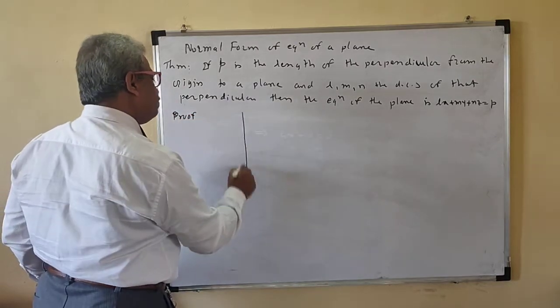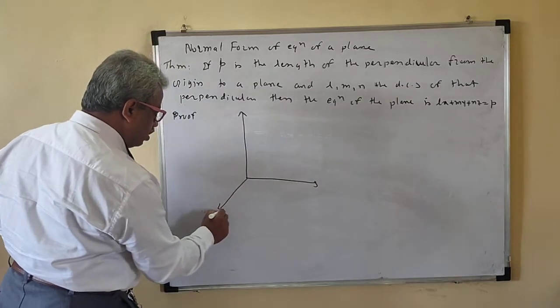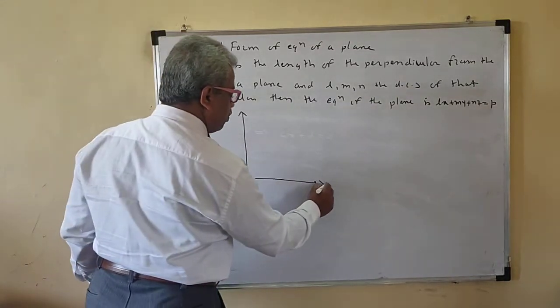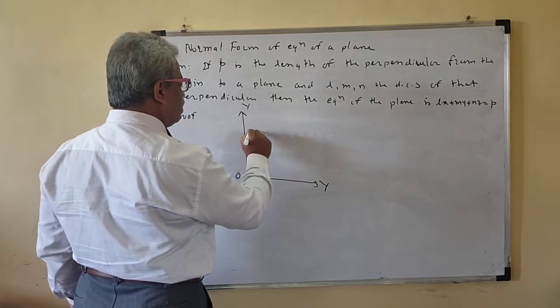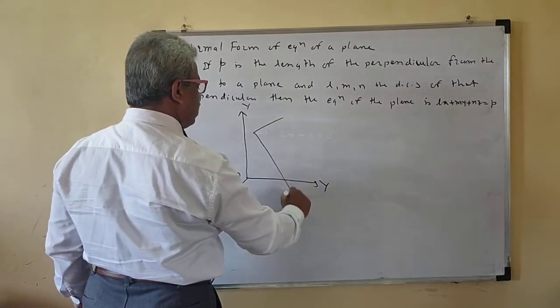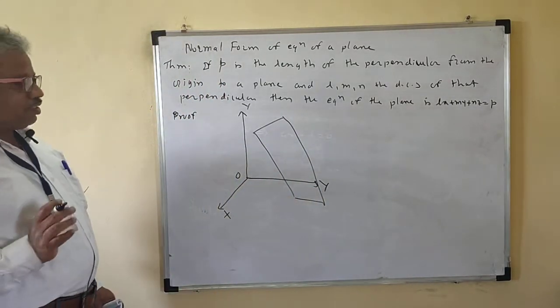So suppose we'll draw the figure so that you will understand this one. Suppose this is your x-axis, this is the y-axis, O, and this is the z-axis. Now suppose this is a plane whose equation we want.